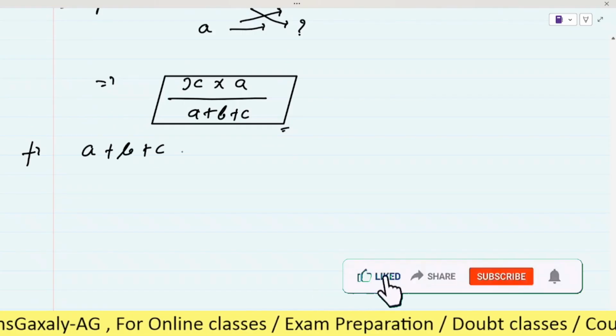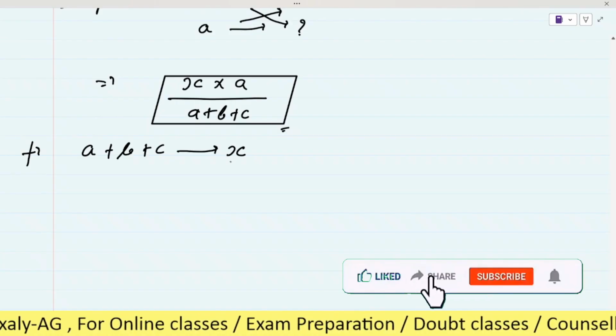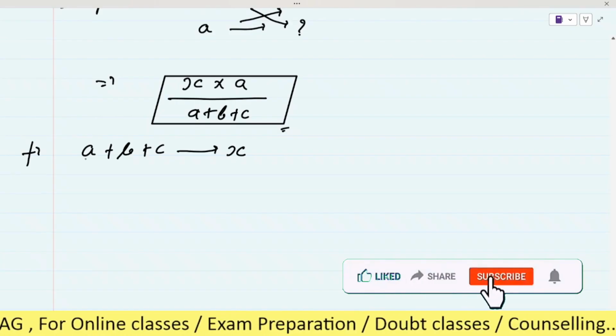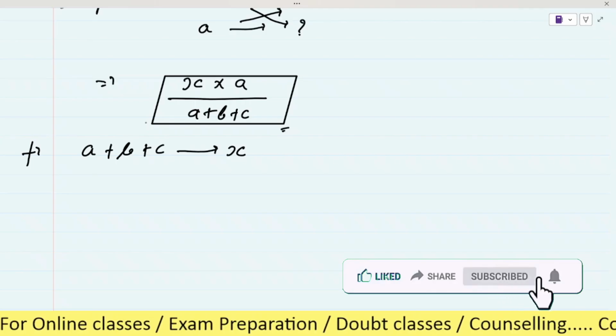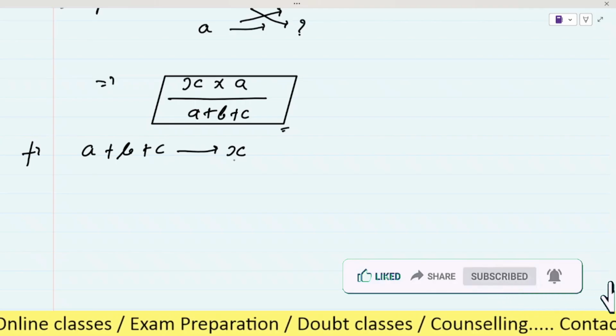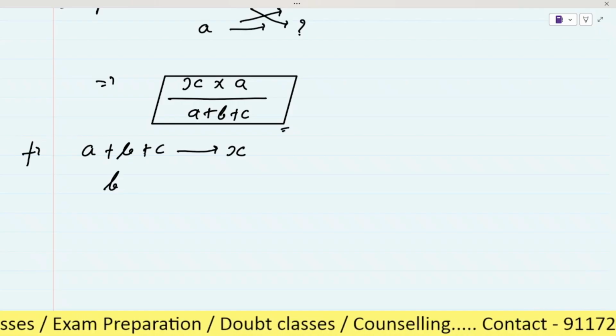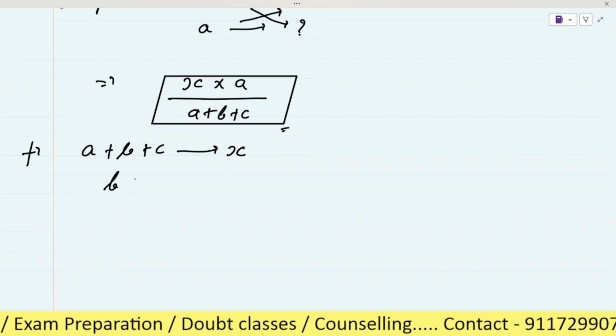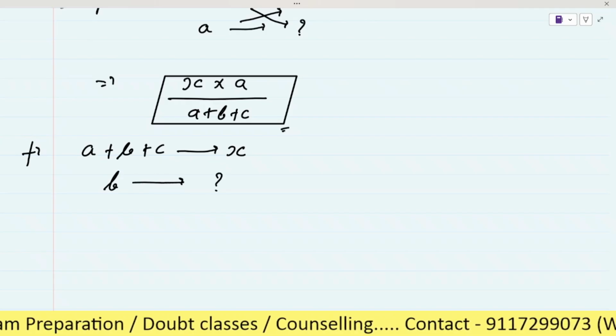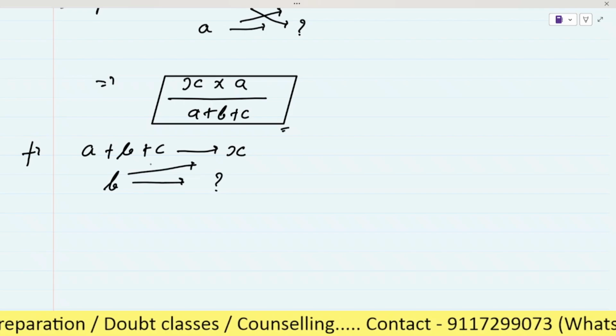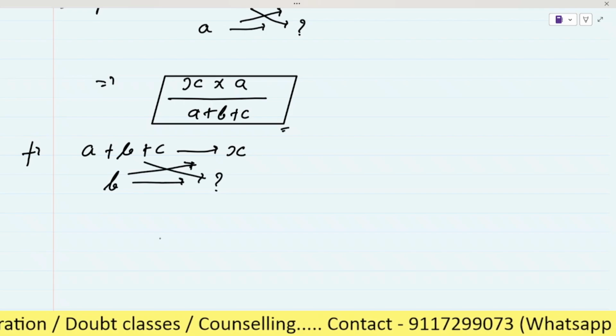As here A plus B plus C gives x, because x is divided into three parts A, B and C. So when we add all these three parts, ultimately we get x, right? And here we have to find B, so just do the cross multiplication, nothing more.